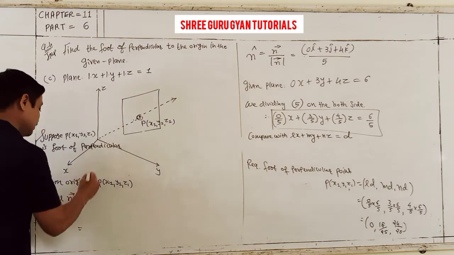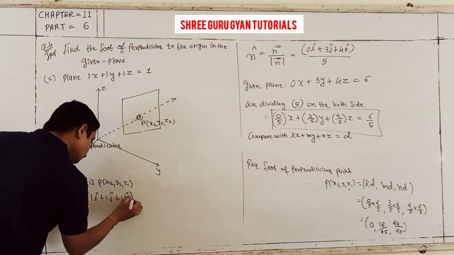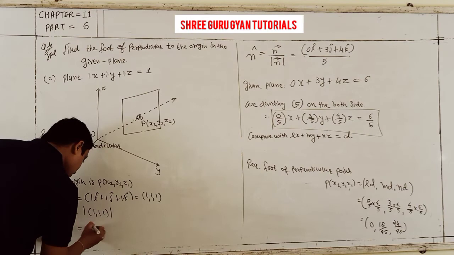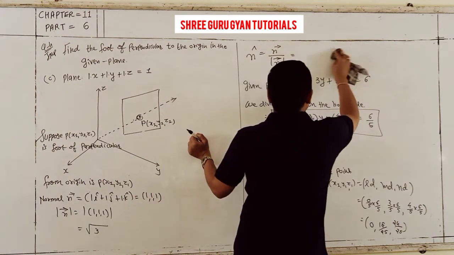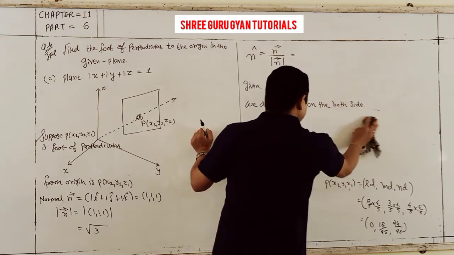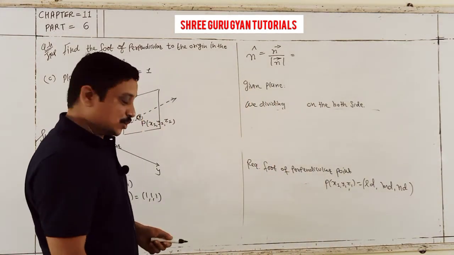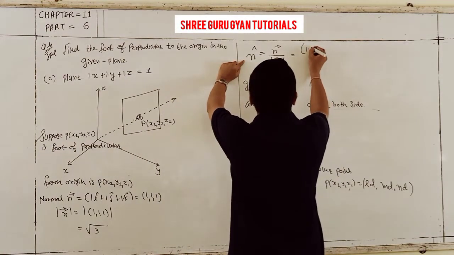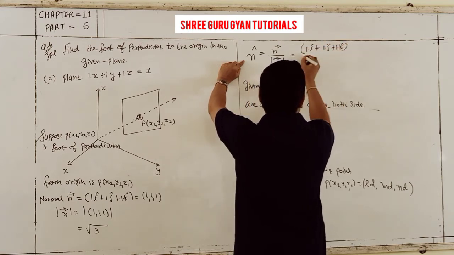And the normal is what? 1i, 1j, 1k, it means 1 1 1, its magnitude is root 3, and going to n cap. In this way, simply you can derive it, dividing parts, and after that compare. So here n is root 3, so n cap is the direction cosine, 1i plus 1j plus 1k by root 3.